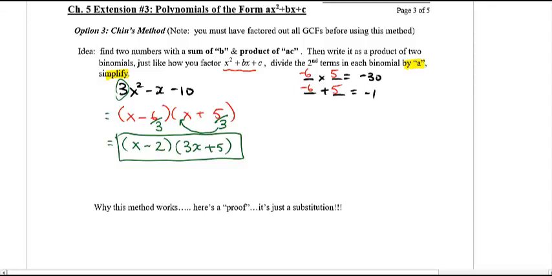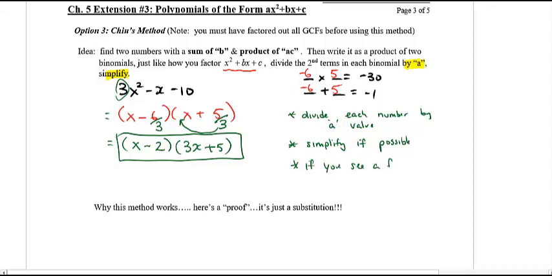So the key thing, the weird part here is, once again, don't forget to divide each number by the a value, then simplify if possible, and then if you see a fraction, the idea is to move the denominator up. I call it bottoms up.